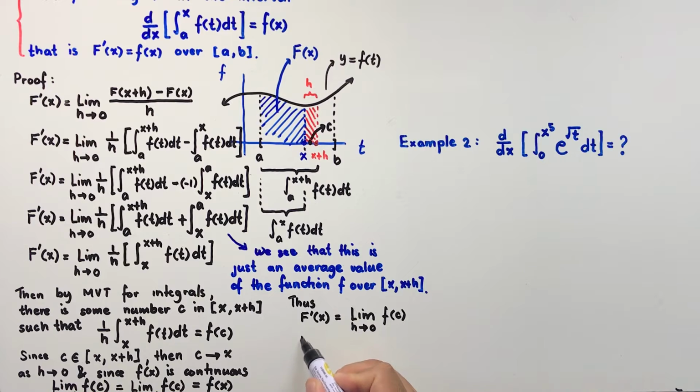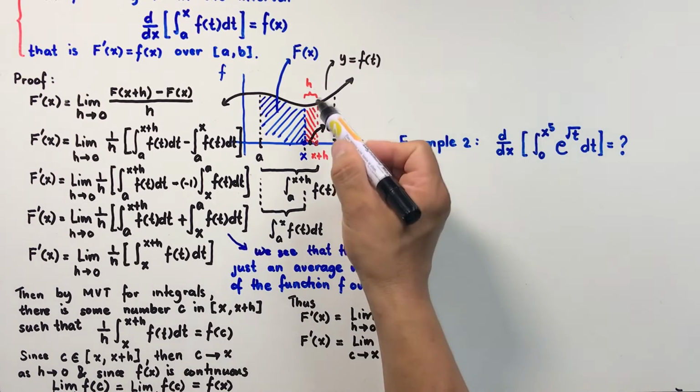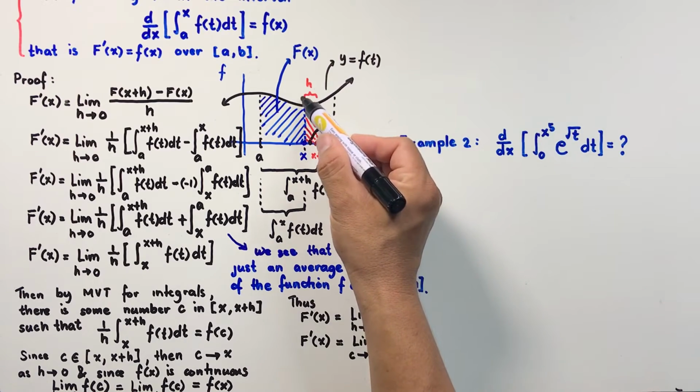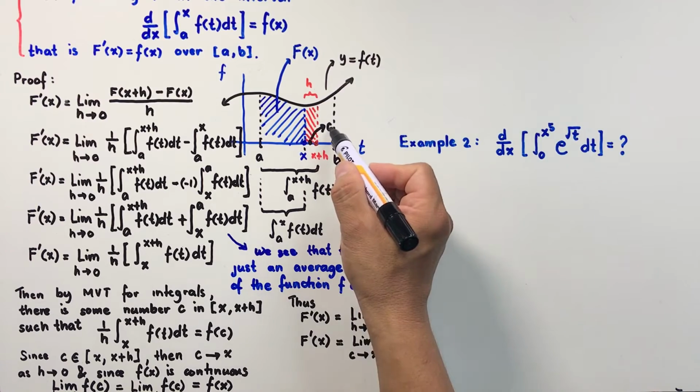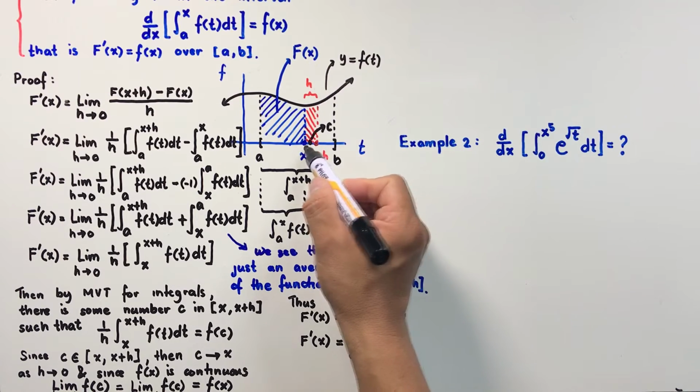So we say that our derivative is just equal to the limit of f of c, where c is approaching x, because c is approaching x as h approaches 0. So geometrically, when your h is getting smaller and smaller, your c will be approaching closer to x.